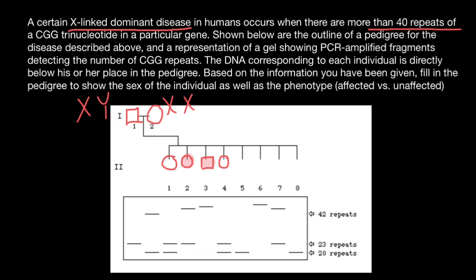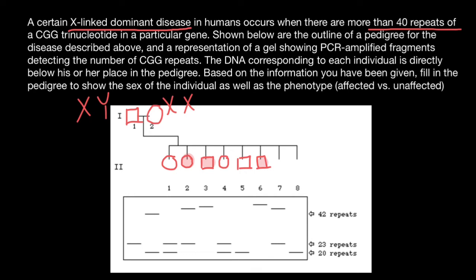Child number 5 is a male, and is going to be phenotypically normal. Child number 6 is also male, has one X chromosome, and unfortunately this chromosome has an allele which is greater than 42 repeats. So this is going to be an affected male.